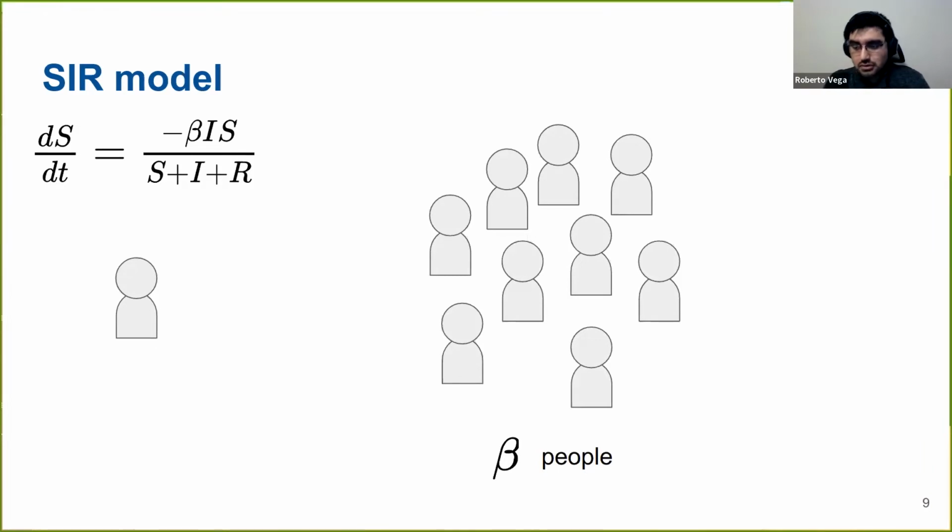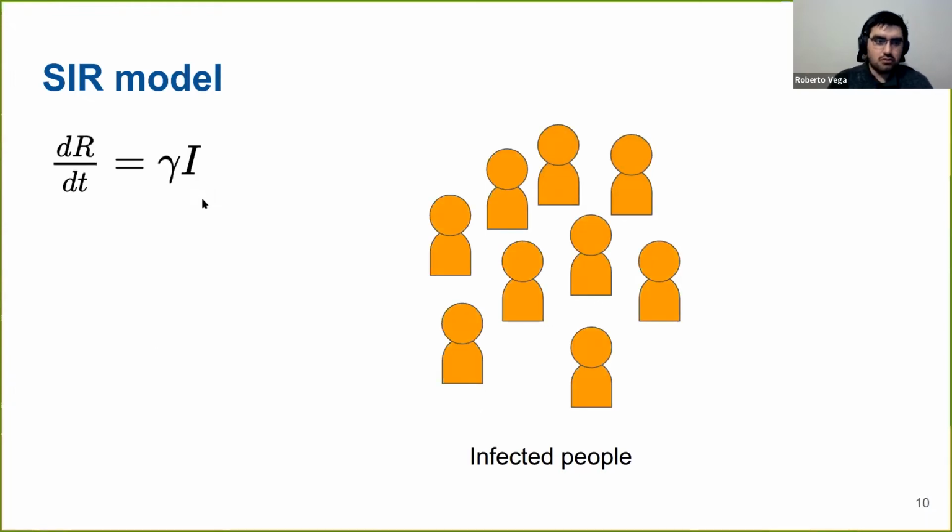Well, the model assumes that the chance is simply the proportion of the number of infected over the total population. So this is for one individual, but we have S susceptible individuals. S is the number of individuals. Each of them interacts with beta people, and the chance that these people are infected is basically the percentage of infected people in the entire population, I over N. So this is where this equation comes from.